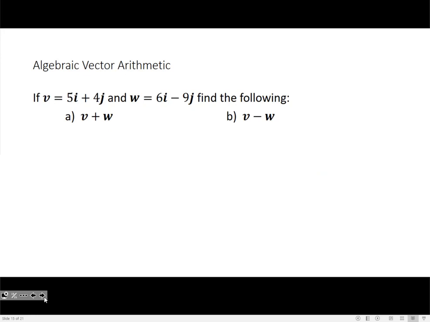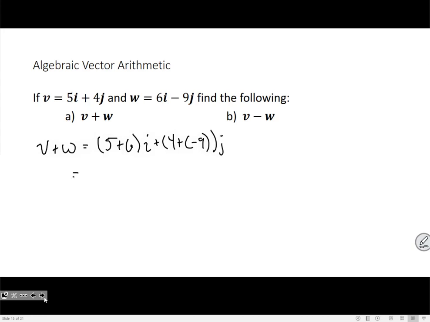Okay, so v plus w, rather, is going to equal 5 plus 6i plus 4 plus negative 9j.